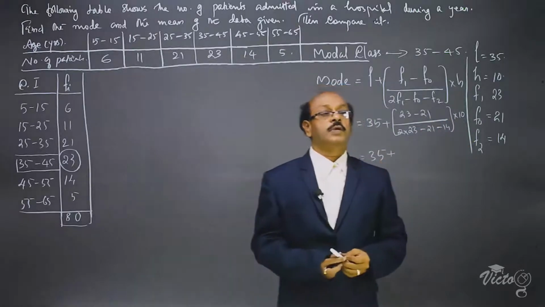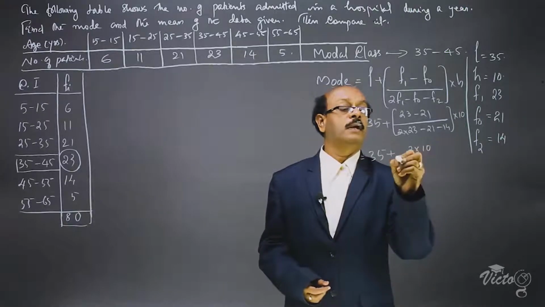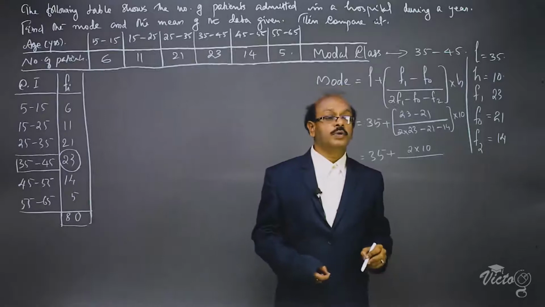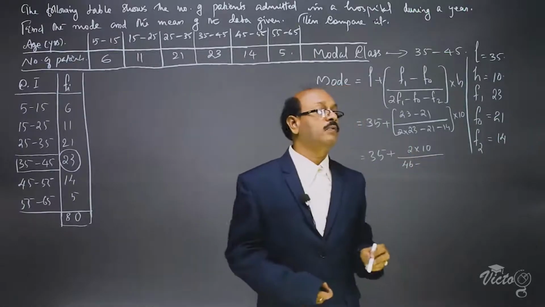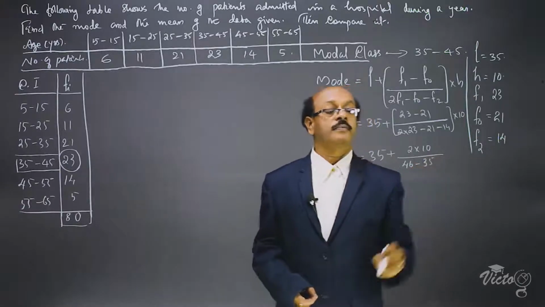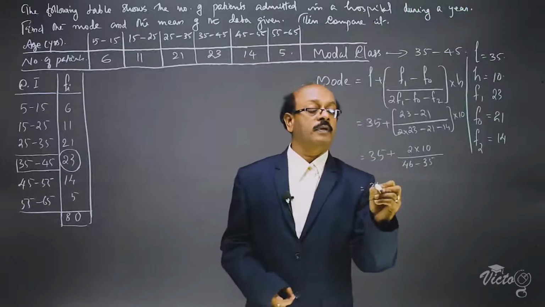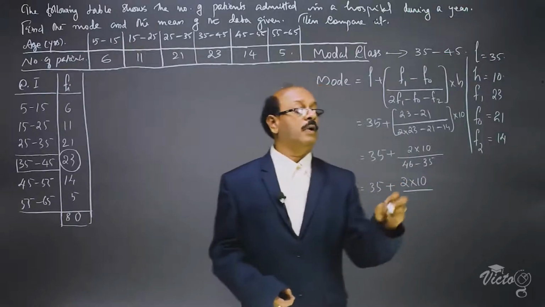That is 35 plus 2 into 10 divided by 46 minus 35, which is 35 plus 2 into 10 divided by 11.